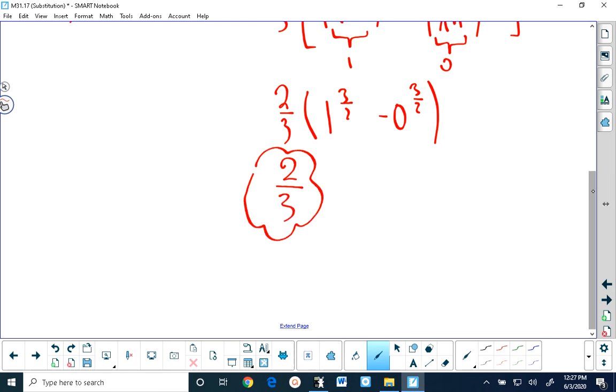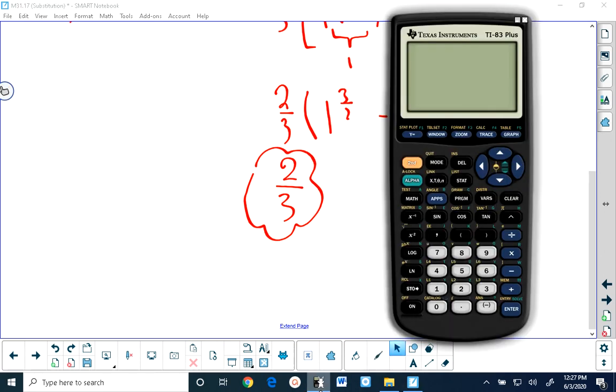We ought to be able to check that on the calculator by graphing the original integrand. The original integrand was the square root of the natural logarithm of x. Make sure you close the brackets on that square root argument, divided by x.